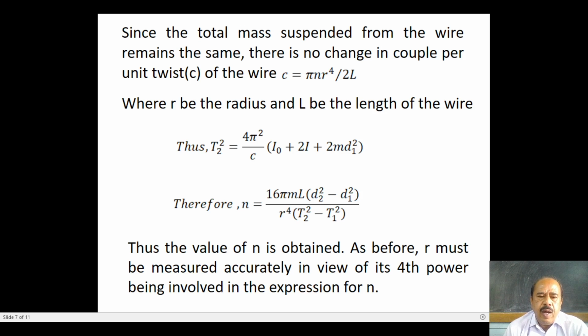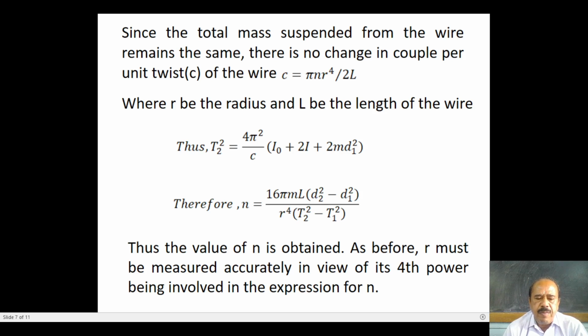Then, if you subtract equation 1 from equation 2 and simplify, you will get the expression for the rigidity modulus as n equals 16 pi m l into d2 square minus d1 square divided by r to the power of 4 into T2 square minus T1 square. Thus the value of n can be obtained.